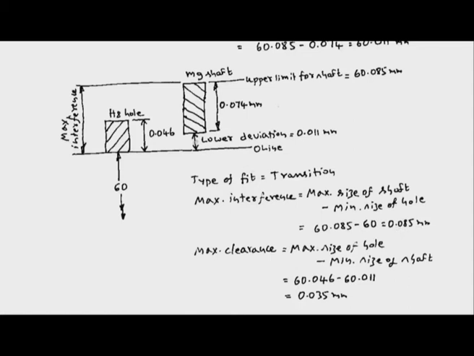Similarly, the clearance we can find by subtracting the lower limit of the shaft from the maximum size of the hole. So, that maximum clearance will be 0.035 millimeter. That means, depending upon the actual size of the hole and the actual size of the shaft, we may get an interference fit or we may get a clearance fit.